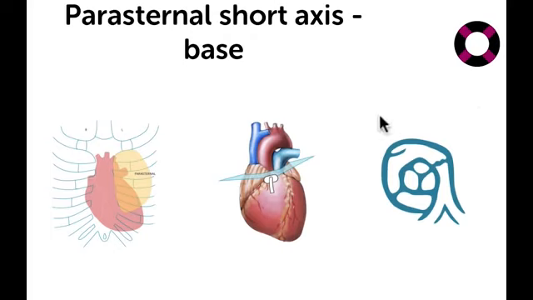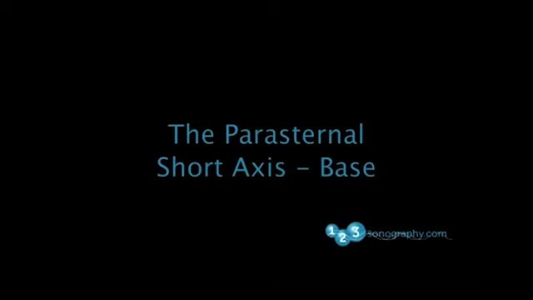Basically, this view is orthogonal to the view I just showed you, and then you are cutting right through the base of the heart where the aorta is the central structure. The following demonstration will show you exactly what I mean. The parasternal short axis is in a 90-degree orientation to the long axis.